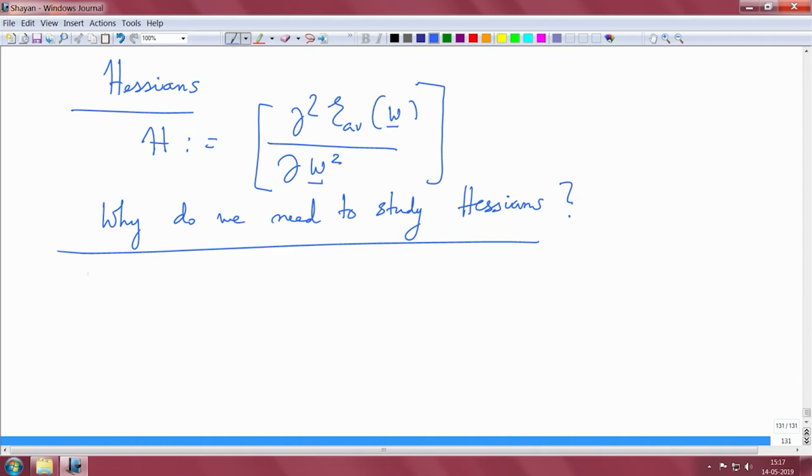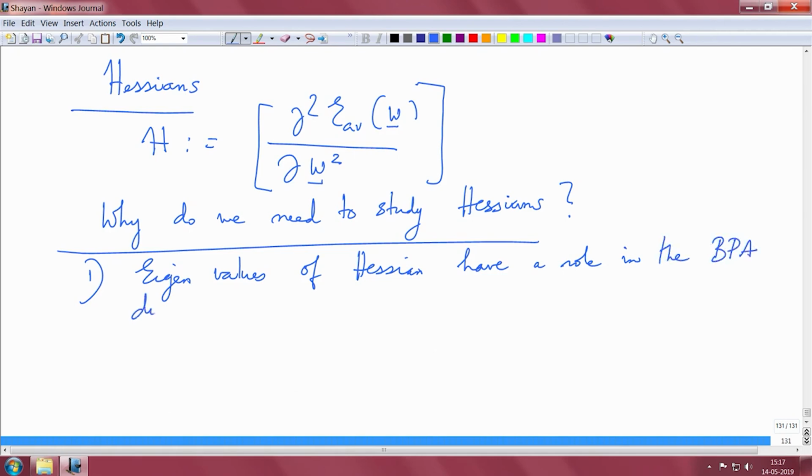So, to summarize, eigenvalues of Hessian have a role in the backpropagation algorithm dynamics.